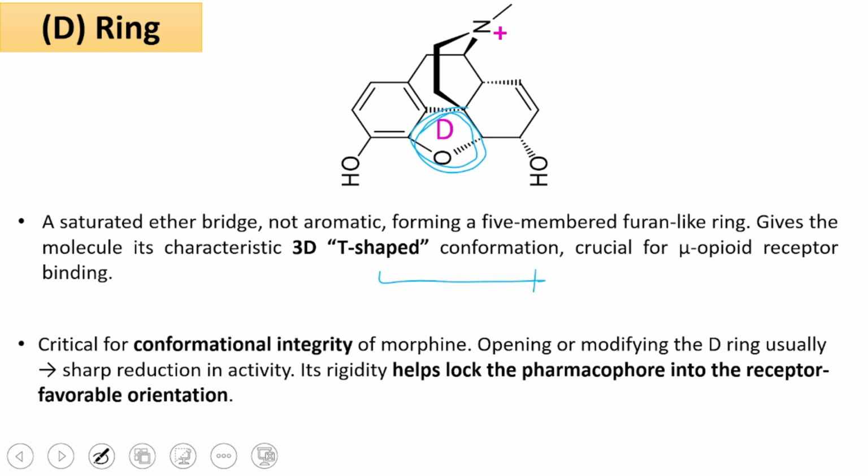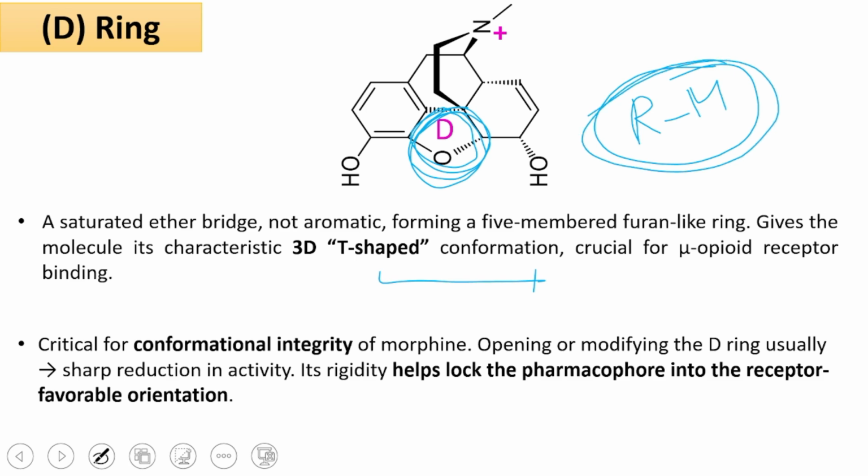That is very crucial for receptor and morphine binding, and it is also critical for the conformational integrity of morphine. It helps lock the pharmacophore, or ligand, into the favorable orientation. So this tetrahydrofuran ring is very crucial for receptor and morphine interactions.